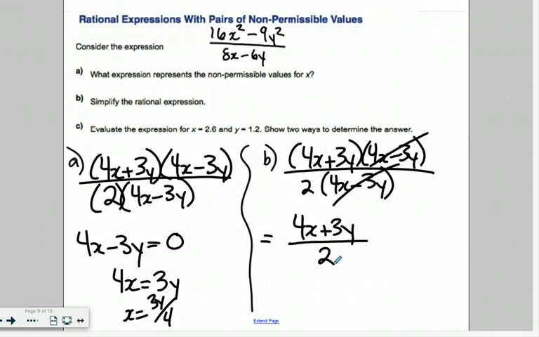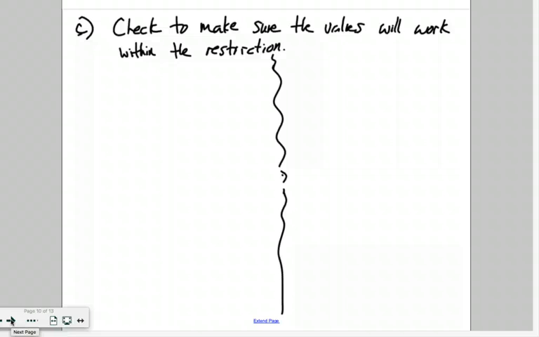What we've been asked to do in part C here is evaluate the expression for x equals 2.6 and y equals 1.2, and to show two ways to determine that answer. The first thing we're going to do is make sure that those values don't cause us problems with our restrictions.